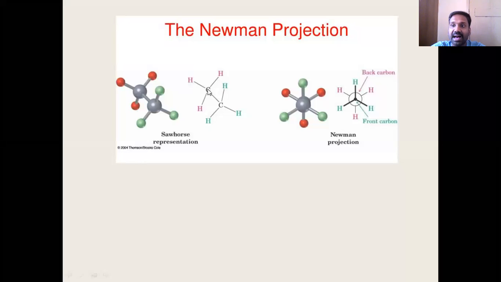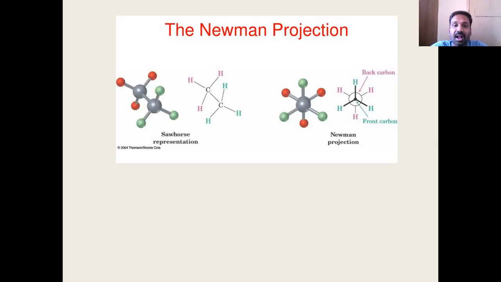Rear, not R-A-R-E, but R-E-A-R, rear carbon. That means the backside, behind carbon. The rear carbon is not seen in the projection. The rear hydrogens can be seen depending on the conformation, whether it is eclipsed or staggered. If it is eclipsed, these hydrogens eclipse those hydrogens, and you cannot see them.